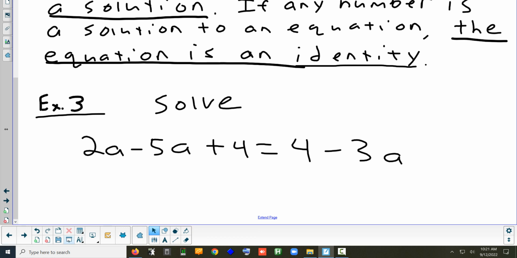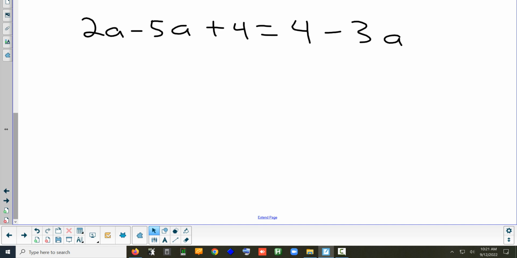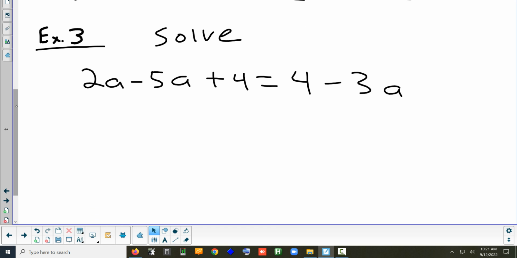All right, so after looking at the last two problems, especially the last one, does anybody see what I need to do first here? Combine 2a and negative 5a.